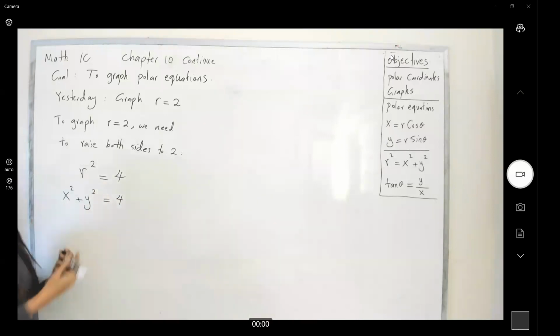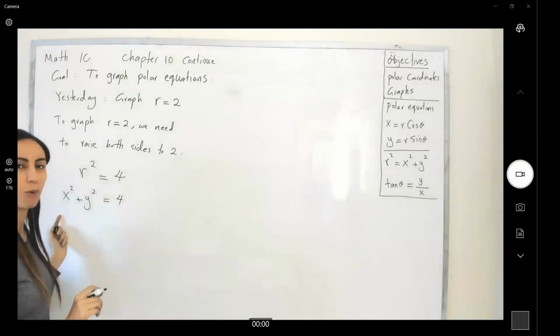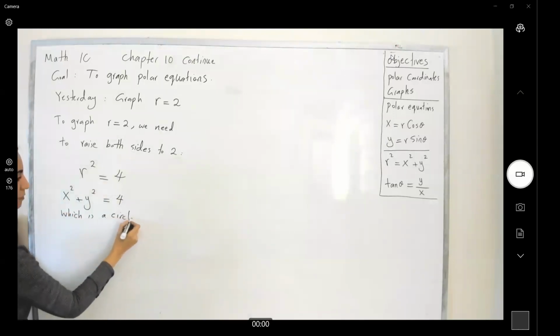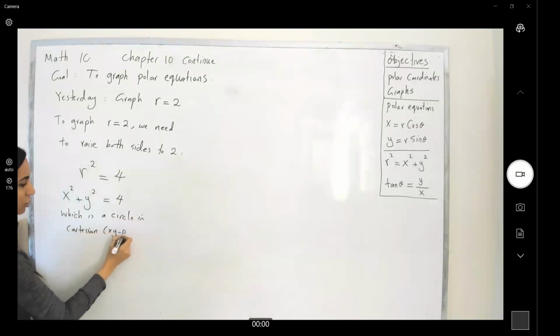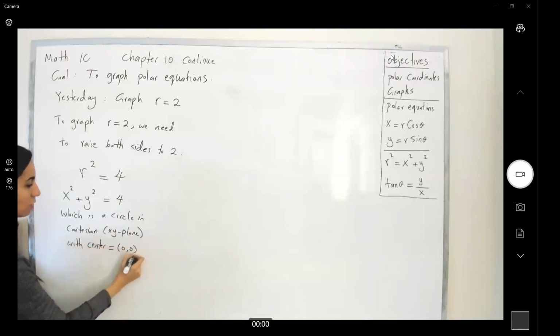We already know that this rectangular equation is the equation of a circle centered at the origin with radius 2, which is a circle in the Cartesian plane, the rectangular plane, with center (0, 0) and radius 2.